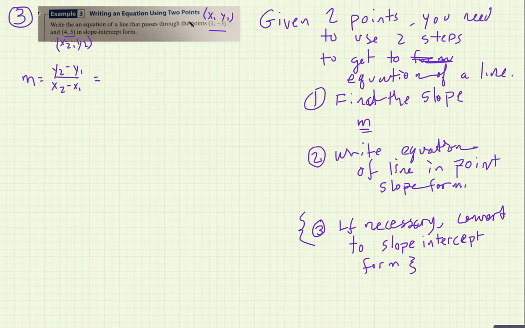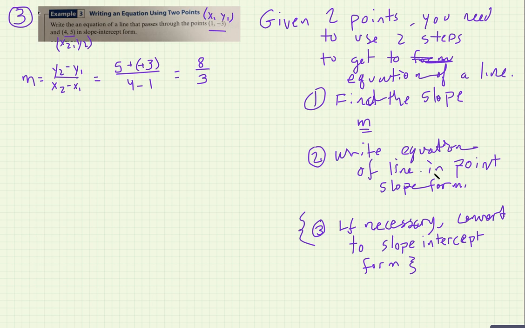So y2 is 5 minus y1, which is negative 3, and we know what subtracting a negative is. Over x2, which is 4, minus x1, which is 1. We can subtract our negative by adding a positive. So that's 8 over 3.